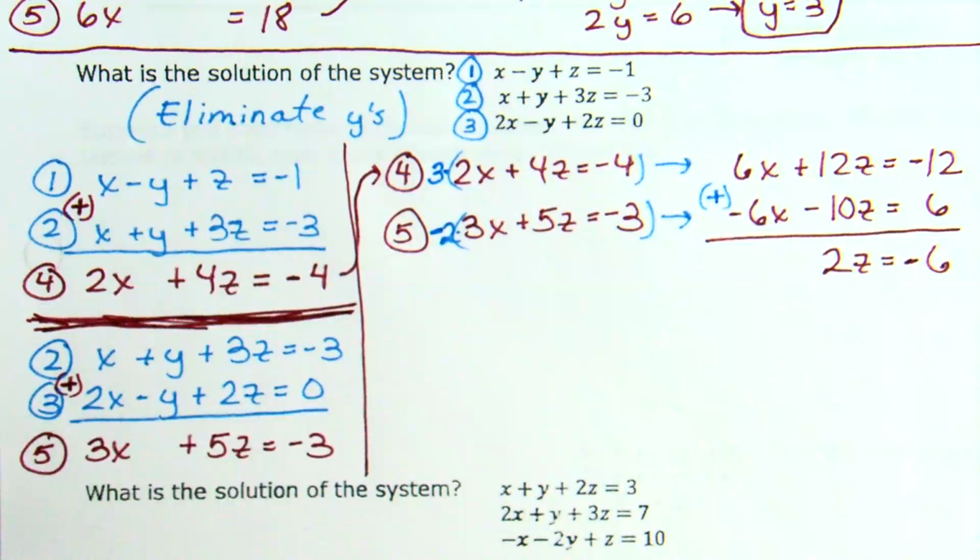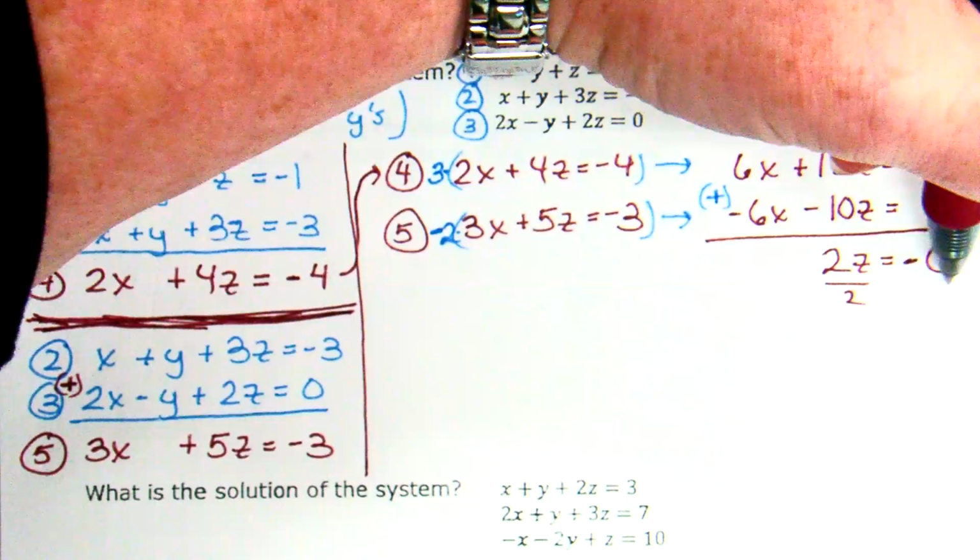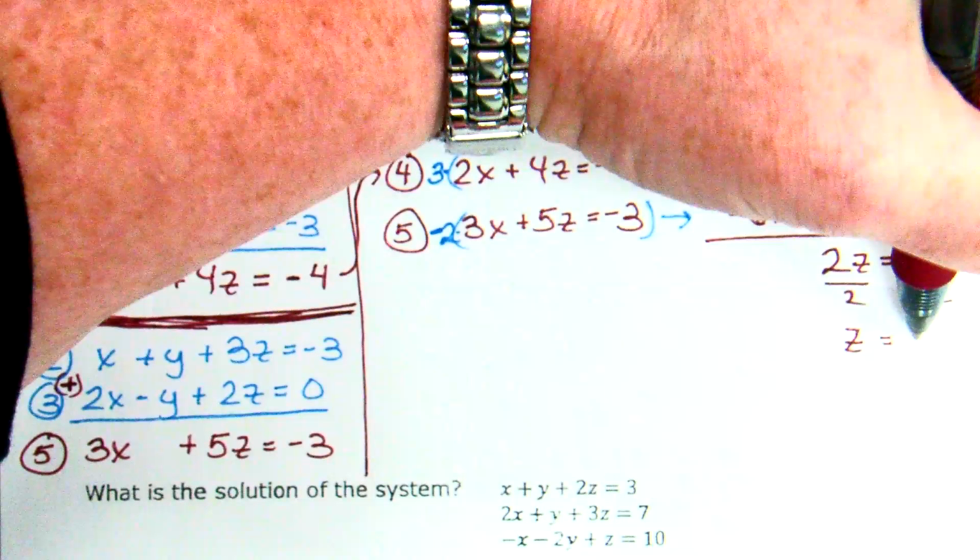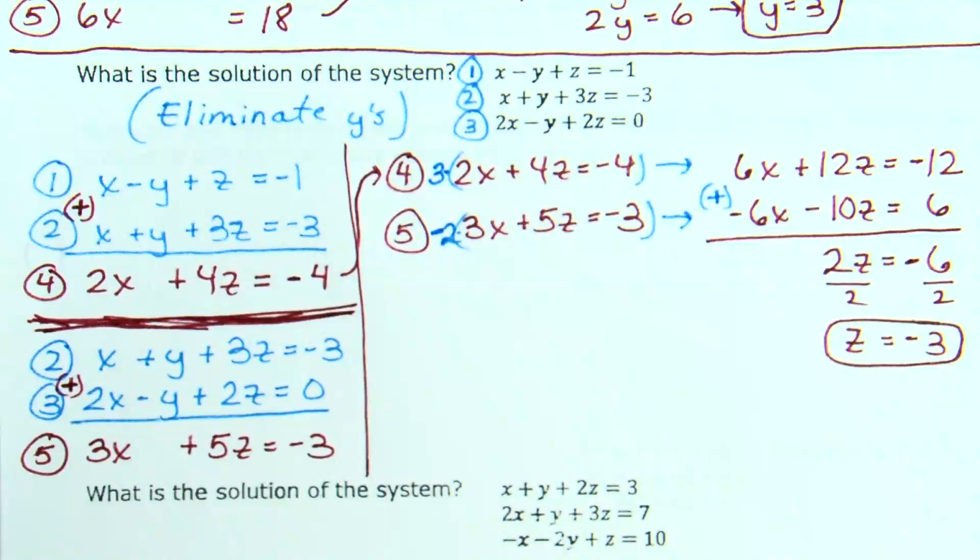If it's 2z, divide by 2, and z is negative 3. We just found 1/3 of our answer. Good news is we're more than 1/3 of the way through the work, though. That's the hard part right there.